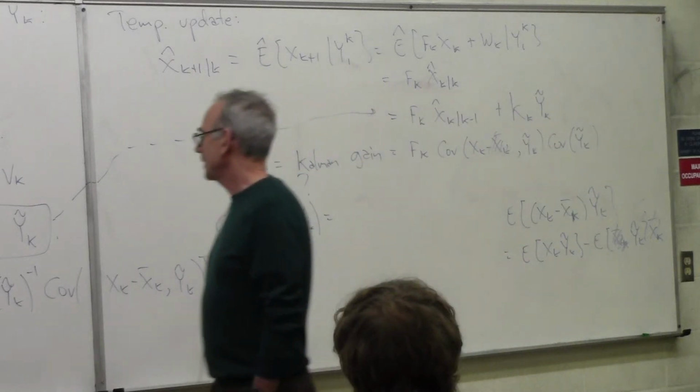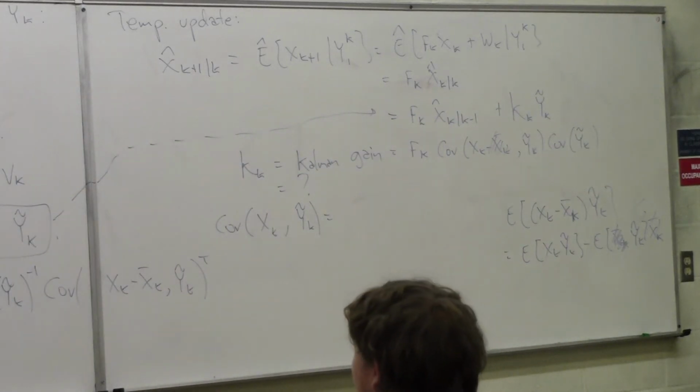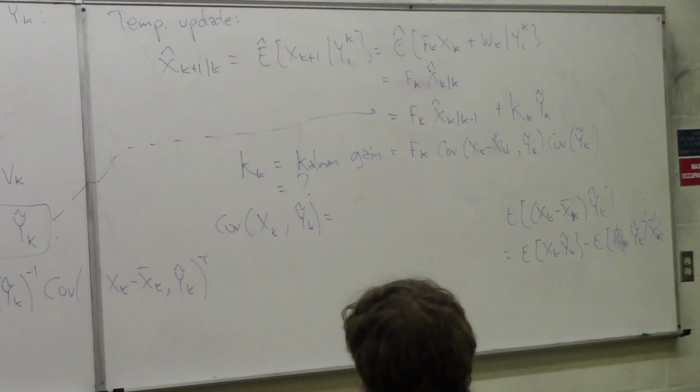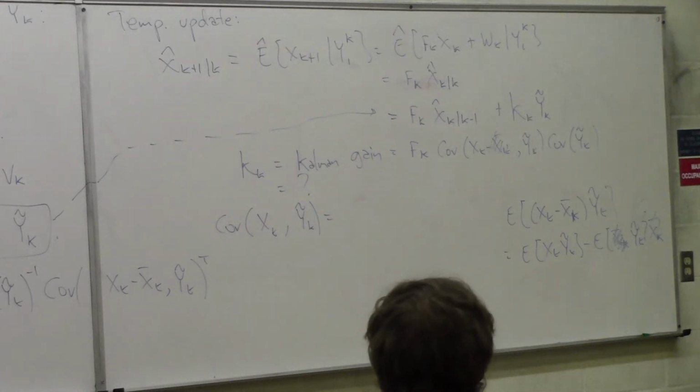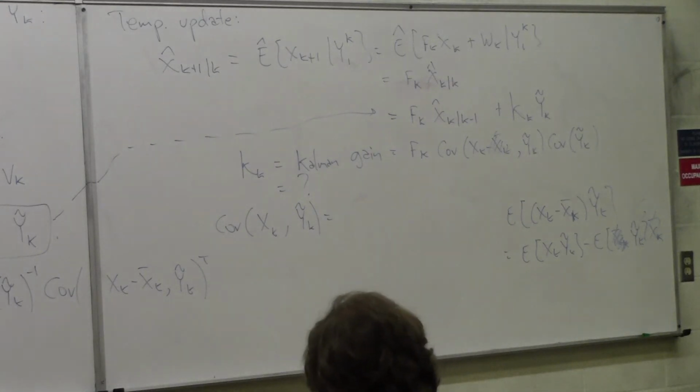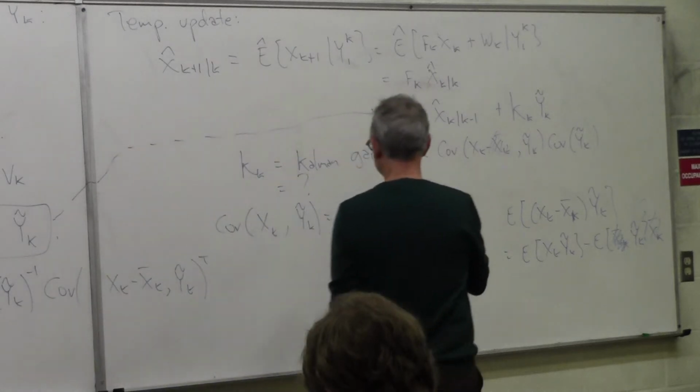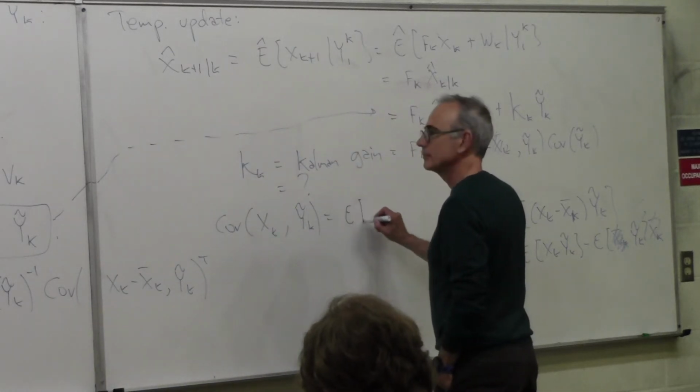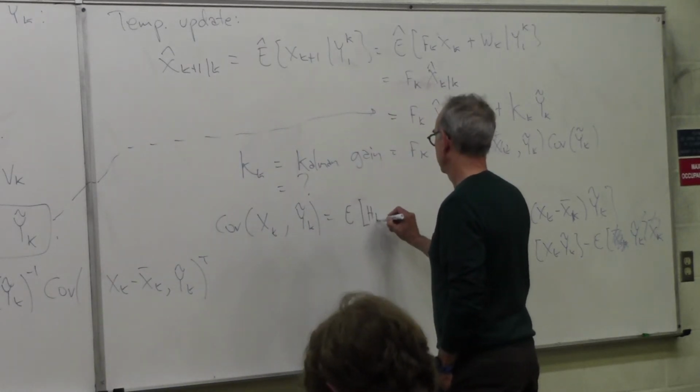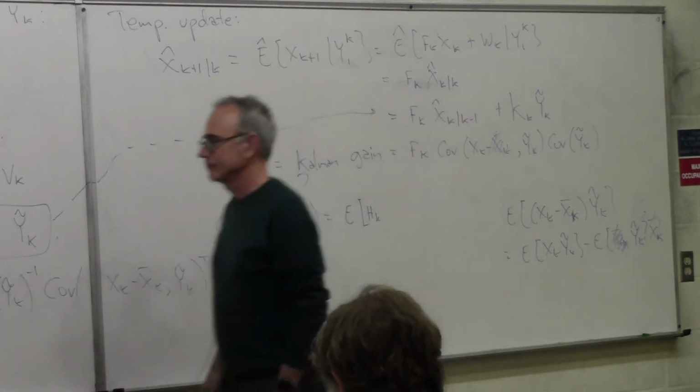Okay, so let's see. I've got the x_k times the y tilde k, which is sitting right here.